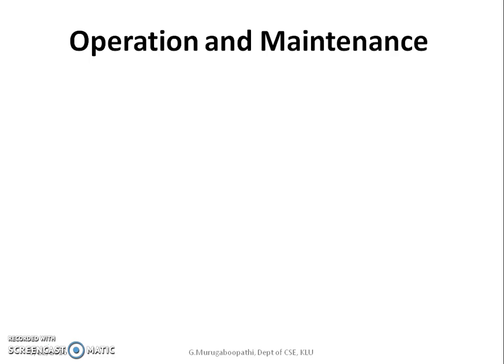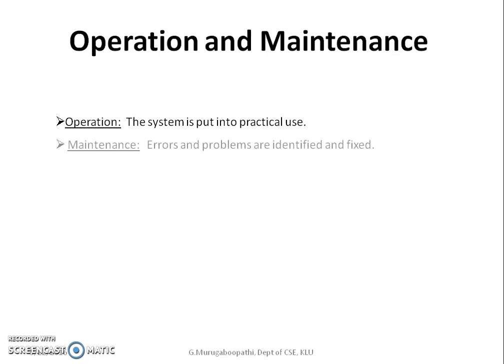Operation and maintenance. Operation is when the system is put into practical use by the end user. Maintenance is when errors and problems are identified and fixed.